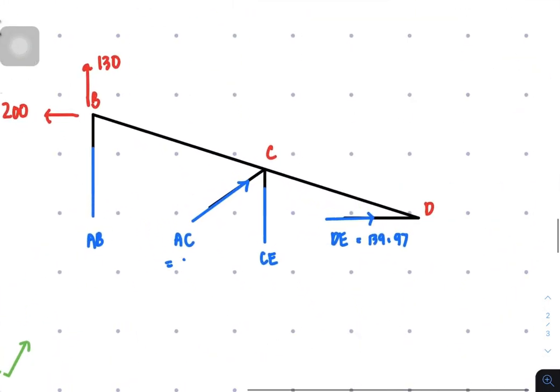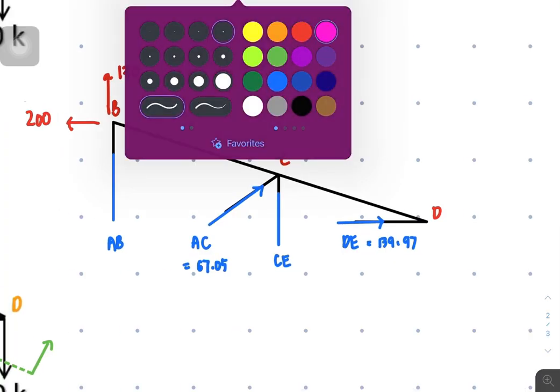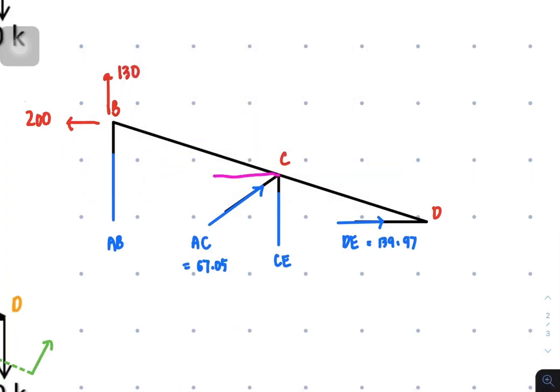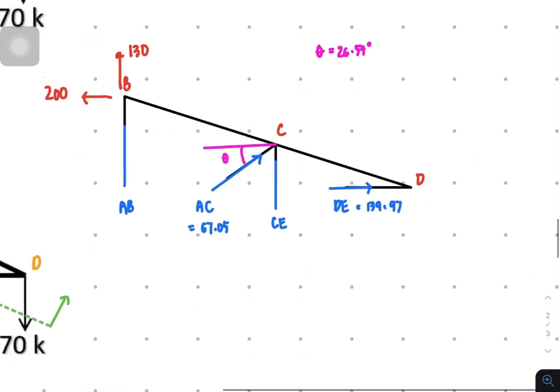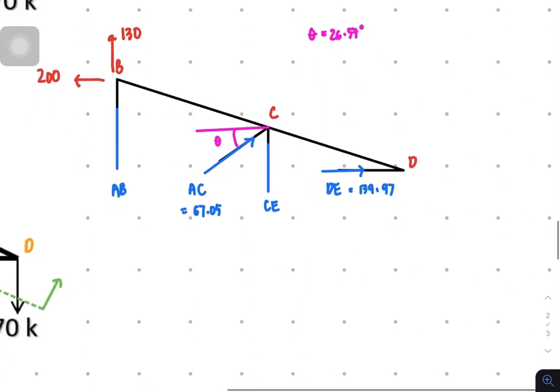This is 67.05. And then the angle of inclination from the horizontal of this AC. Okay, it's not working. So this is theta. So again, theta is 26.57.